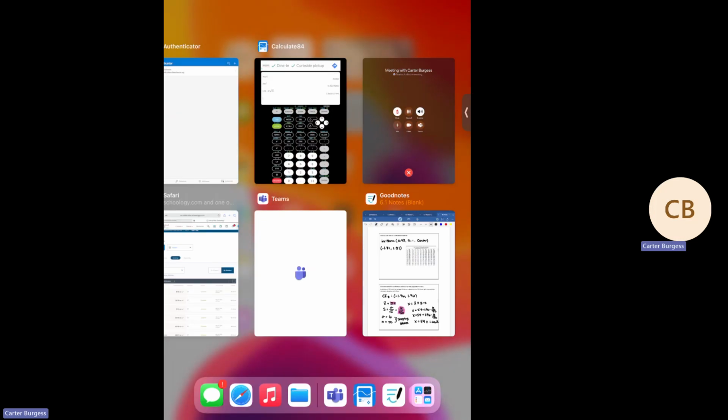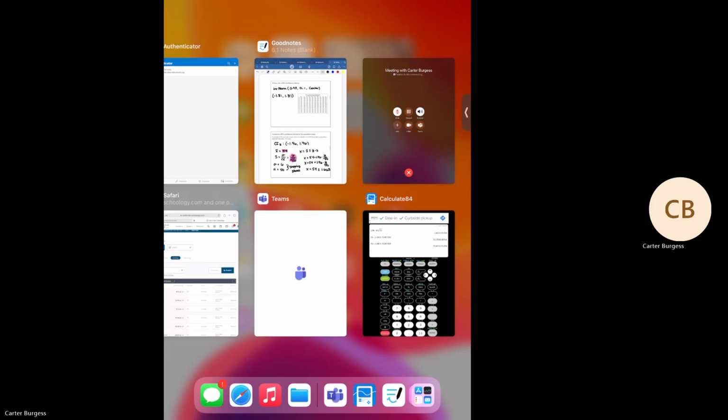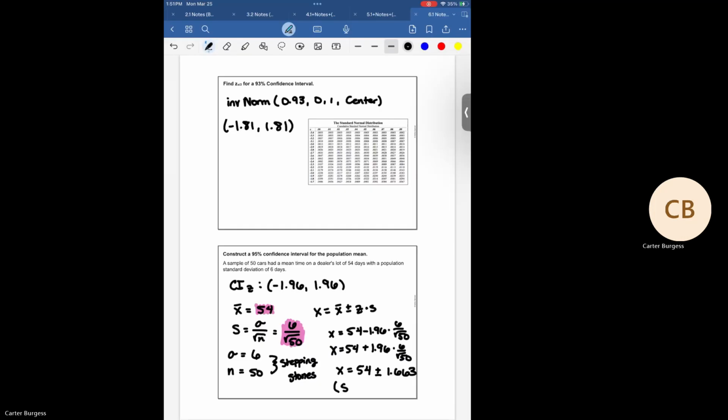So 54, we'll start with minus, 54 minus this value is 52.34, and 54 plus this value is 55.66, which is literally just adding and then subtracting that 1.663 from the mean.